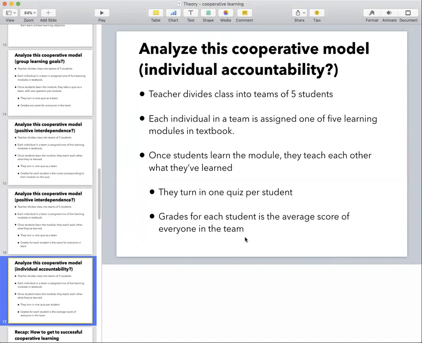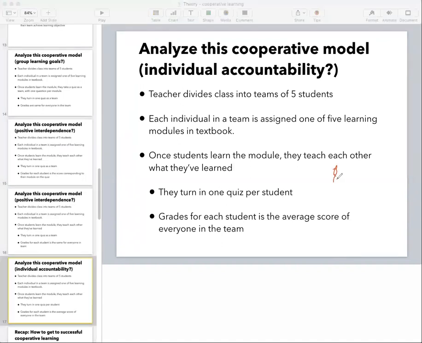In this case, first of all, let's establish that there is positive interdependence. So if you are a student who has learned module 1 and you have another student who's learned module 2, you have a quiz which has both 1 and 2 on it, right? So you have a quiz which looks at both learning modules.